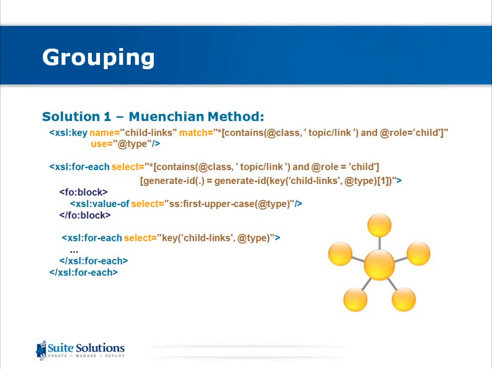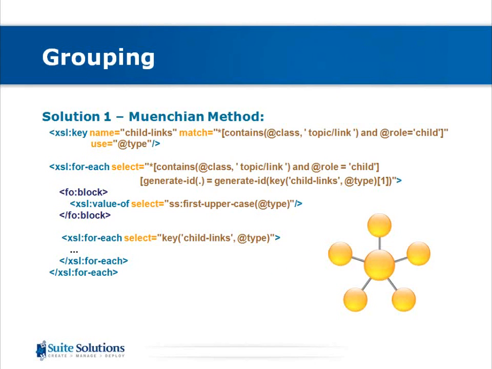So for each element in the set of elements where we're matching any element whose class contains topic link and the role is child, and it also is the case, you can have 2 predicates, one after the other, as you see here, it also is the case that the current link is equal to the first link with that type.